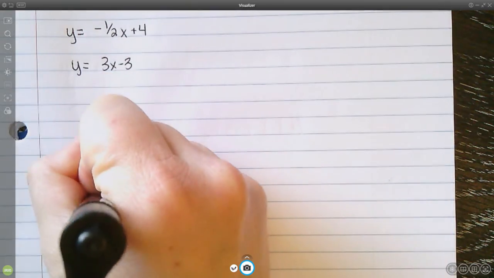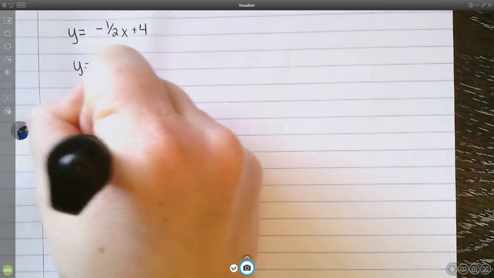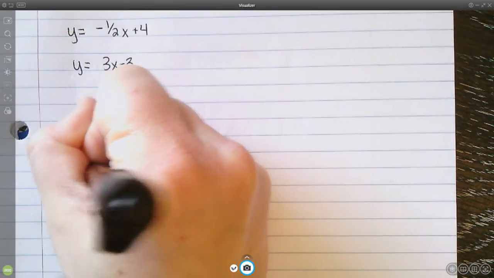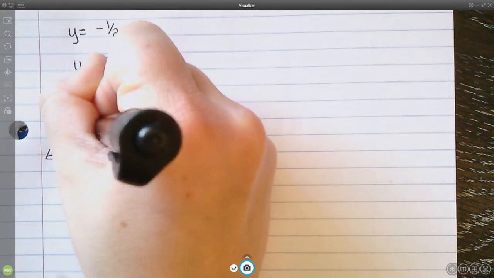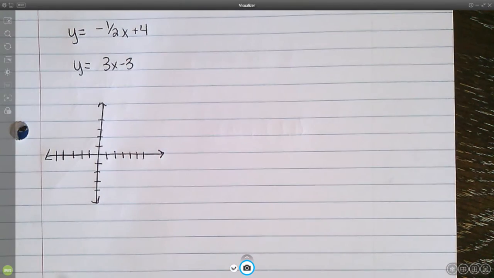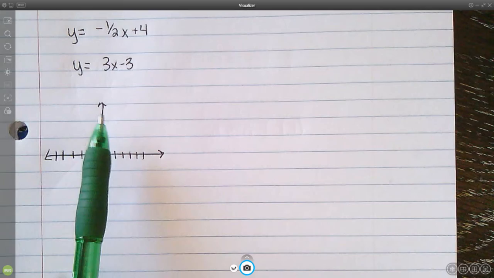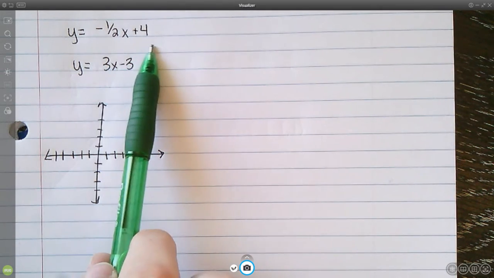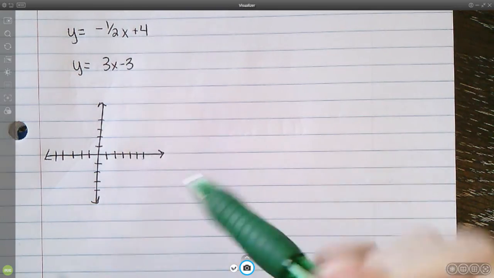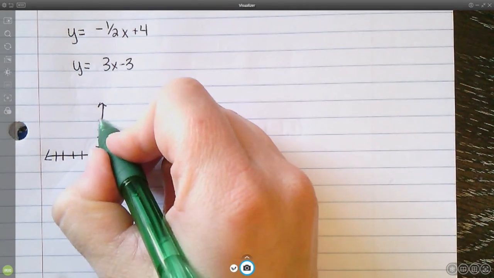So go ahead, draw your x and y axis. For this first one, don't forget you always start with your y-intercept, which is the one without the x with it. So we're going to put a point at 4.